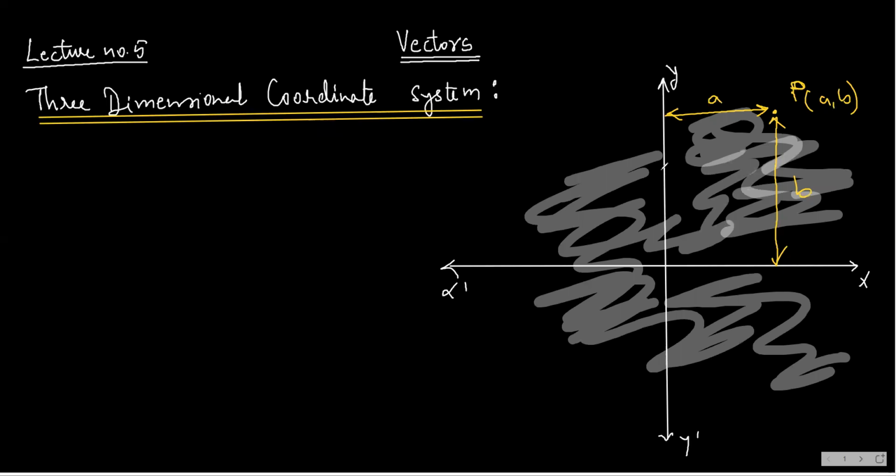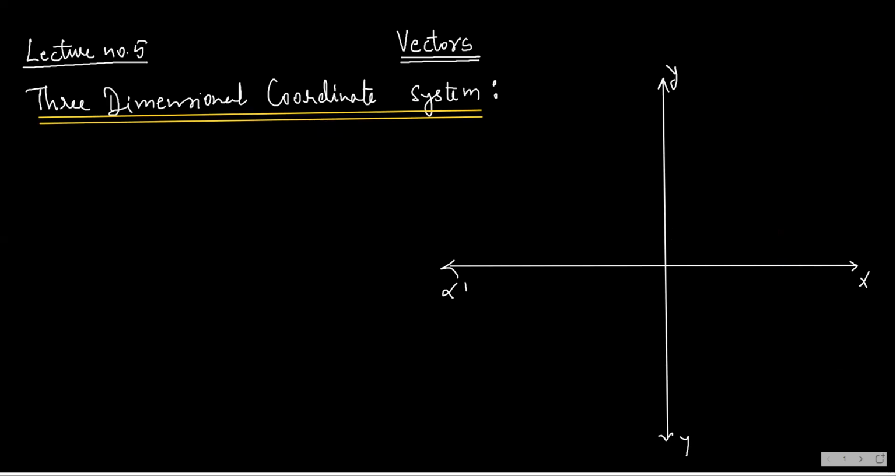But what if you have a point in space? For the 3D system, we will have a third axis, that is the z axis. So let's go for the 3D system.